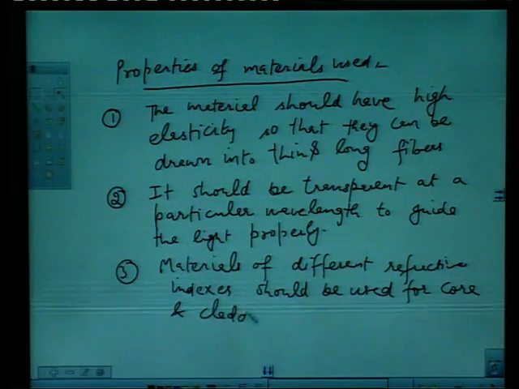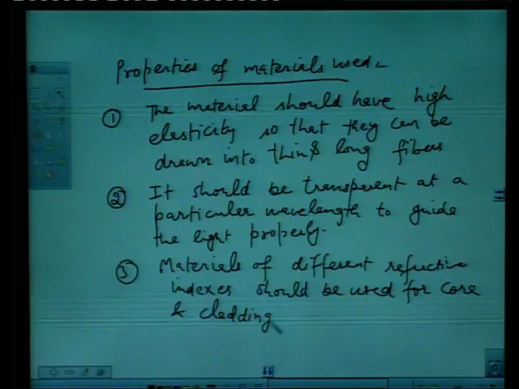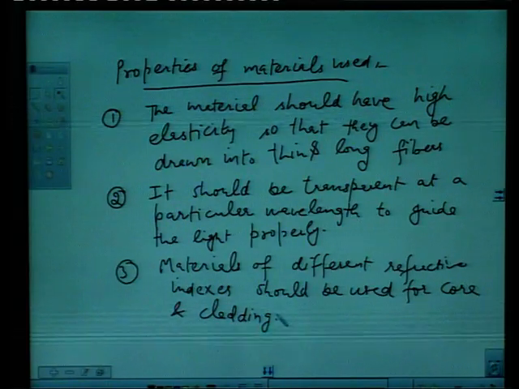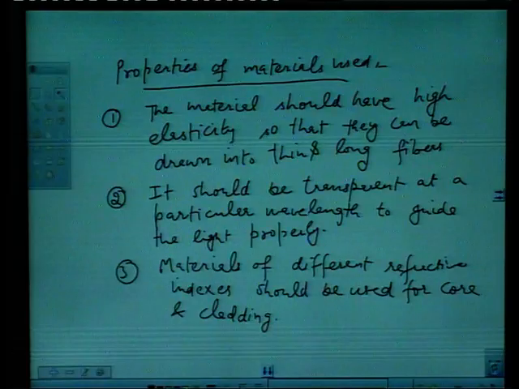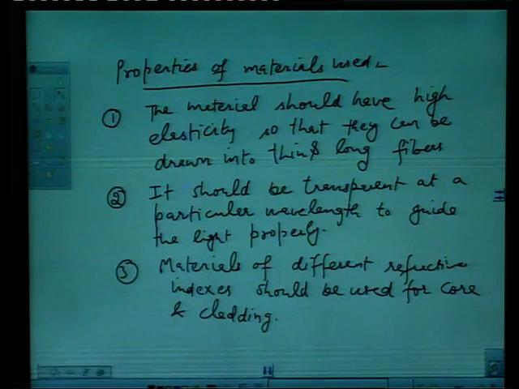So, these are the basic and most important properties for the materials which are used for constructing an optical fiber. Now, we come to the process of total internal reflection.